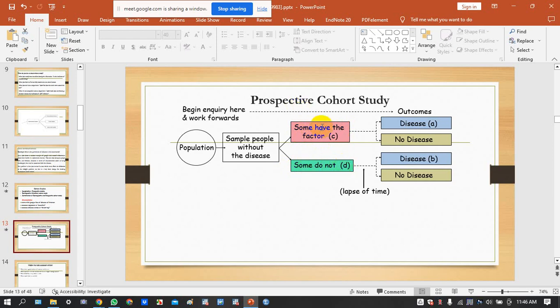Of those who were exposed, some ended up having the disease, but some were very lucky they didn't get the disease. Of those who were not exposed, still some developed this same condition, but some did not also develop it. So that's a prospective cohort study.